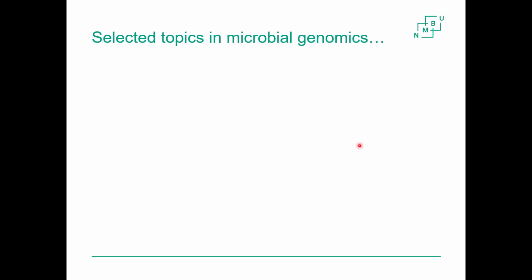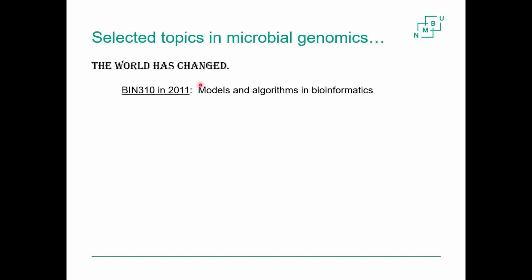So Selected Topics in Microbial Genomics is the title of this course, and I have to say, with respect to the course itself, the world has changed as well. Because if I look back 10 or 12 years to 2011, this course was called Models and Algorithms in Bioinformatics.